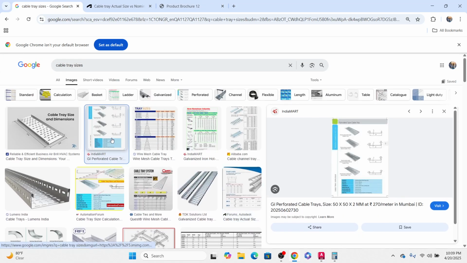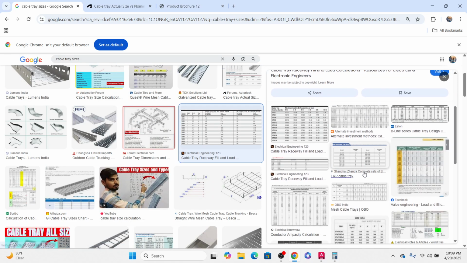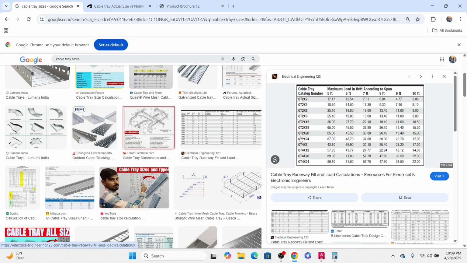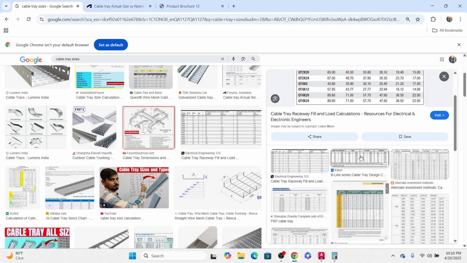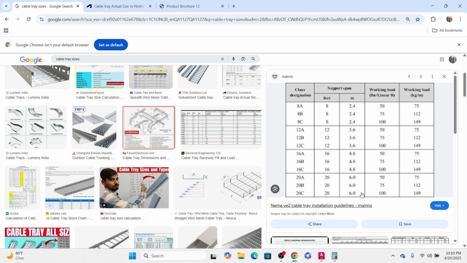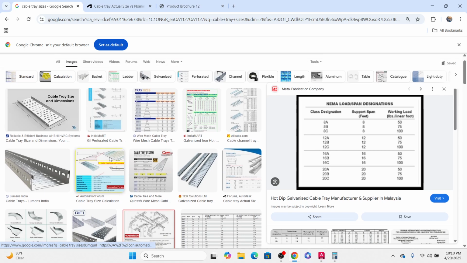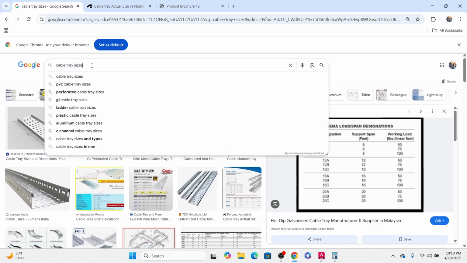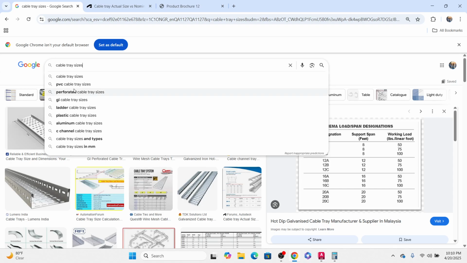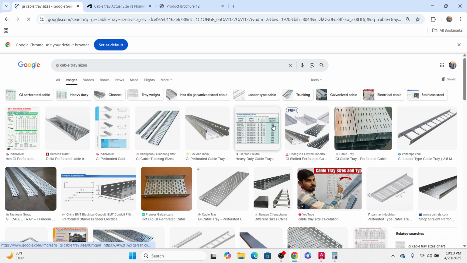Just now I saw the size. I think this one. No. Okay. Actually, we have 300 cable tray sizes, GI cable tray sizes. Let's go with the GI. I think this is the one.